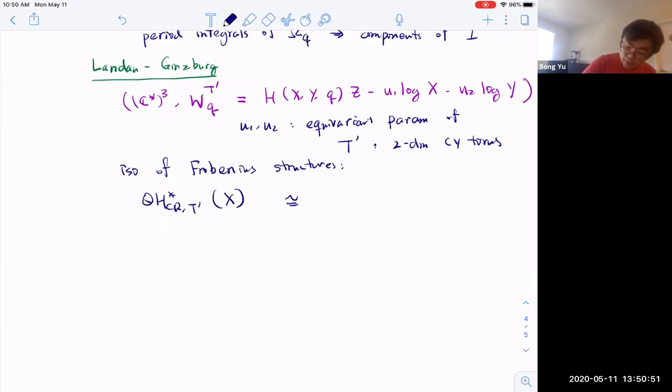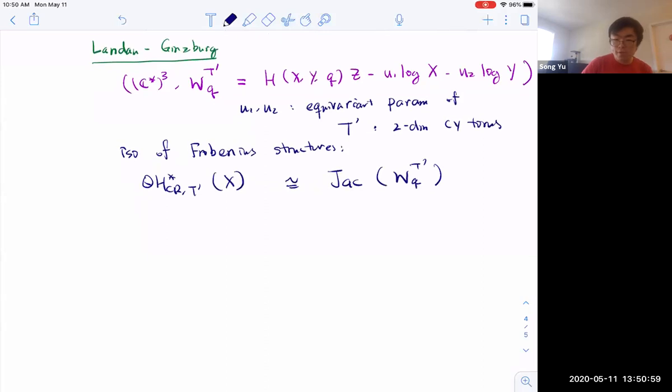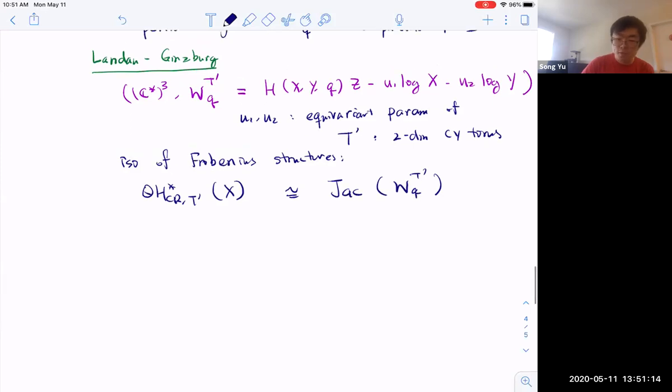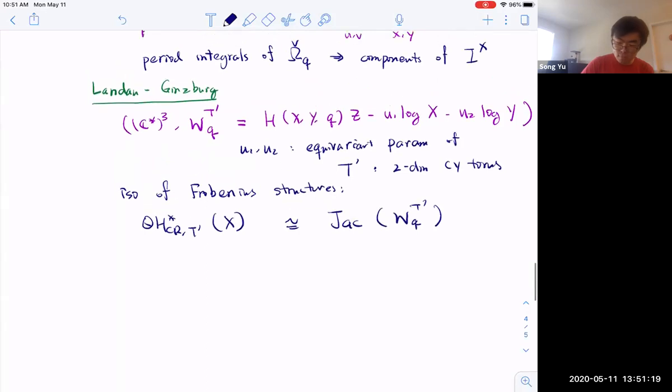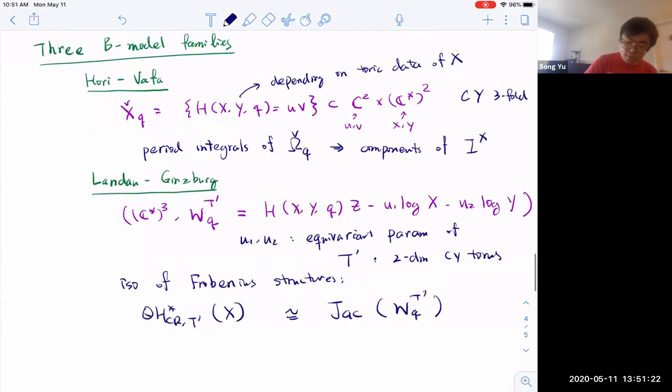On the B model side, we have the Jacobian ring of this superpotential with the usual product and the residue pairing. This is an isomorphism of Frobenius structures, and I think both are semi-simple Frobenius manifolds, so you can have good canonical coordinates on the two sides. These two families are general constructions.